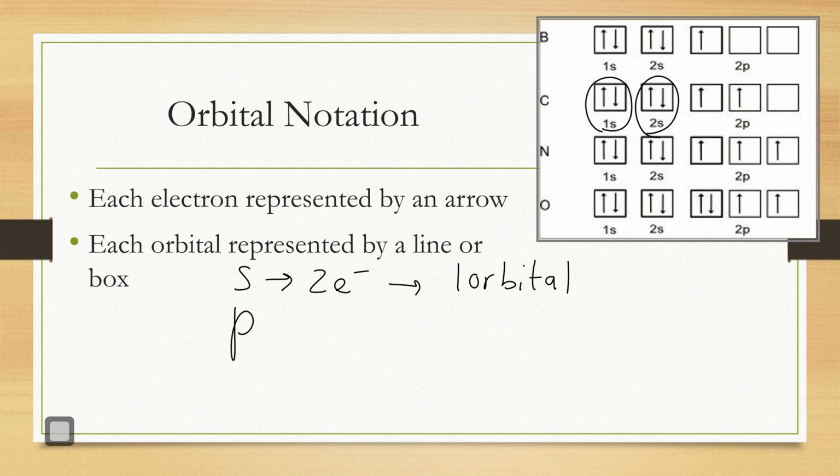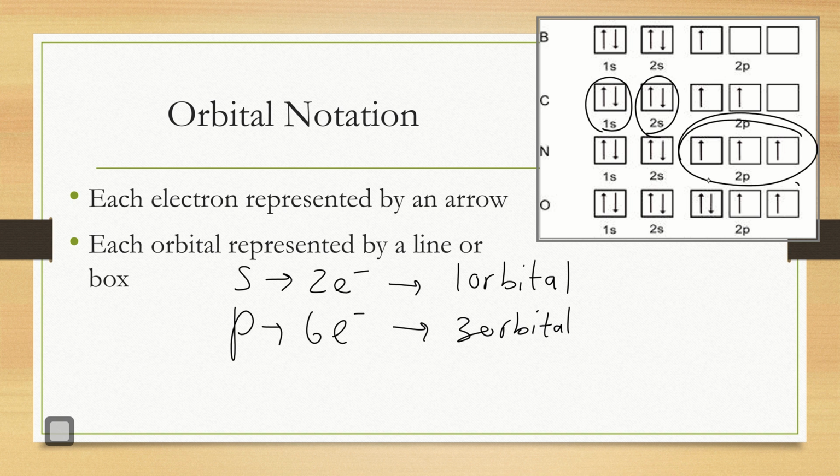When you get to P, there are actually 3 orbitals, because each orbital can hold up to 2 electrons, 2 arrows. So you can get 6 electrons in the P subshell, but they'll be separated out in different orbitals. One of the rules is that when we have multiple orbitals in the same subshell, you add 1 electron in each of them first before going back and adding a second electron.